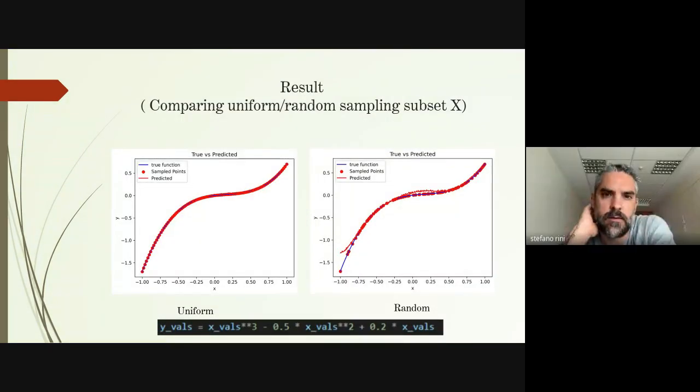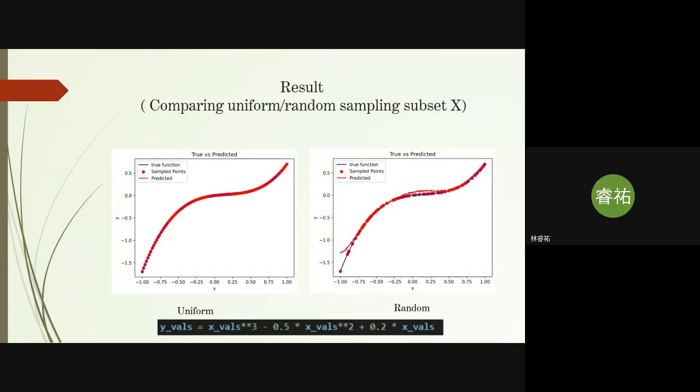The left graph is for uniform sampling subset X from the 512 points. We constrain X to specific X values, so the model can quickly converge and have a good outcome.